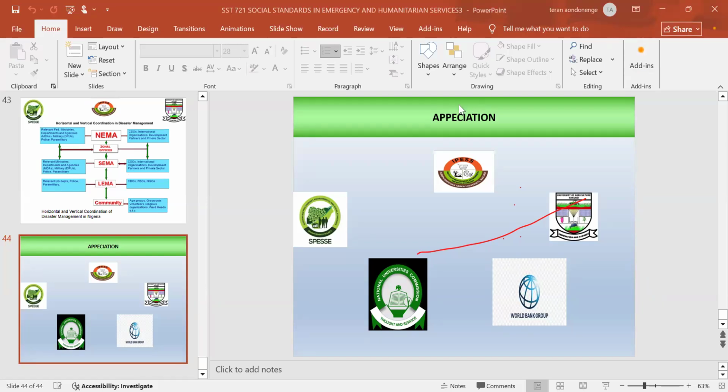Okay, let me mention the one I'm affected with. In fact, banditry. Banditry, that is number six. Very good. Farmer-herders clashes. Farmer-herders clashes, very good. That is number seven. Landslides and soil erosion.